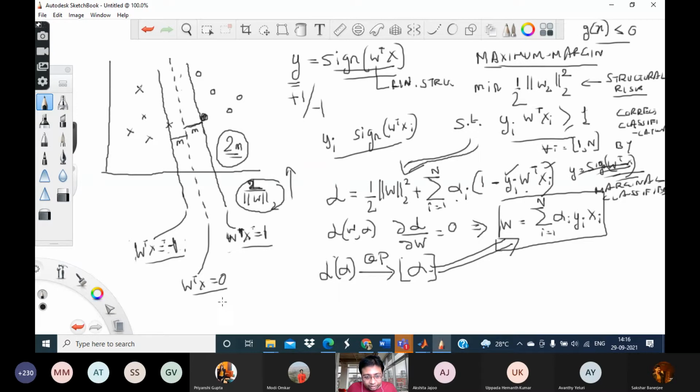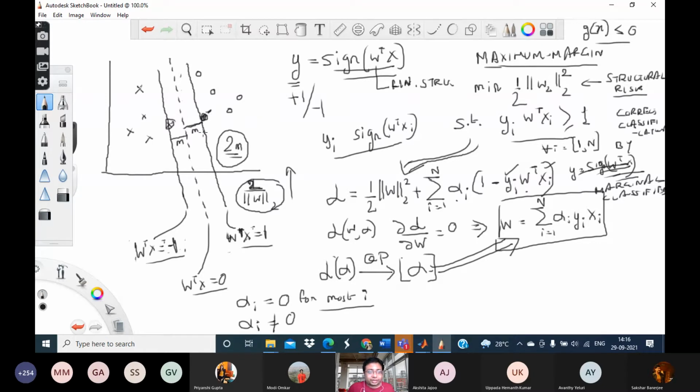Now it turns out that most of the alphas are equal to 0, for most i. Okay, and alpha_i is non-zero for which points here? Those points which lie on the marginal classifiers, like in this case this one and this one.